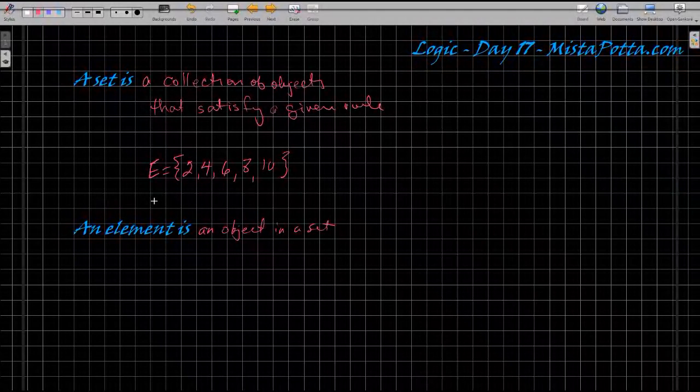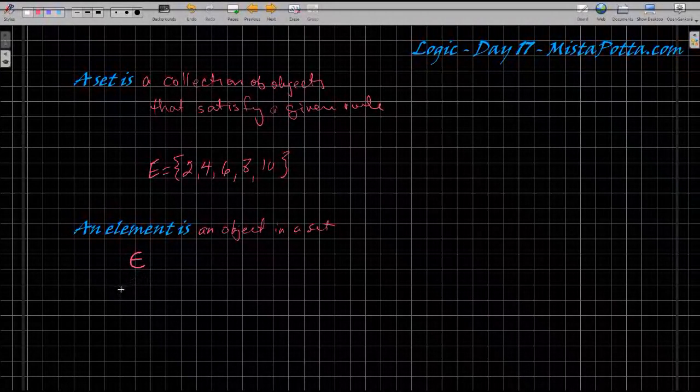But if I want to talk about an element in a set, I'm going to use this symbol that kind of looks like a C with a horizontal line in it. Some people think it looks like a letter E. Some people think it looks like the symbol for the euro, the currency that's used in Europe. And this is the symbol that we'll use whenever we're talking about an element.